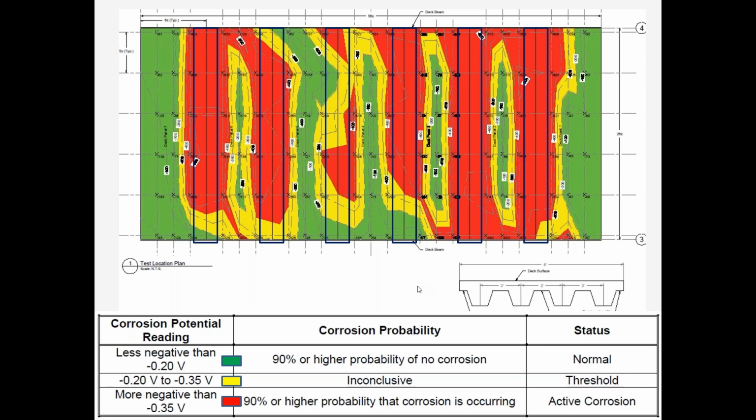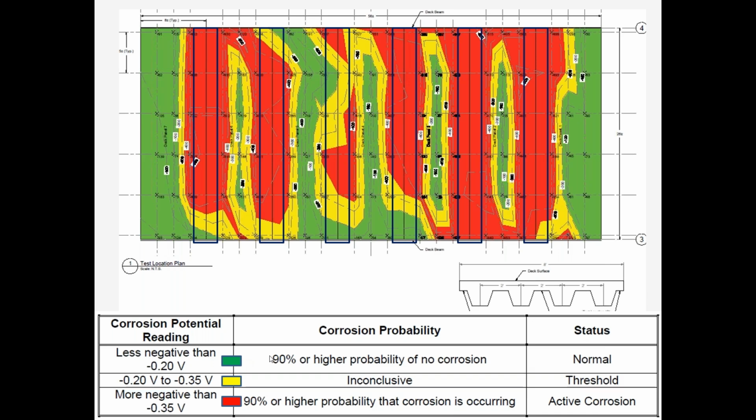So what we do, we plot all of the values. We make this equipotential map, kind of like a topographic map, but with the electrical potential readings. Any readings that are less negative, I know that's a double negative, but less negative than minus 200 millivolts, means there's not a lot of electrons moving around.